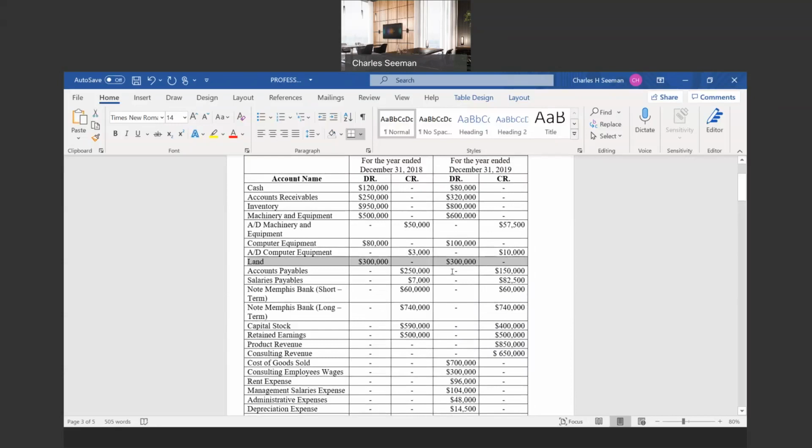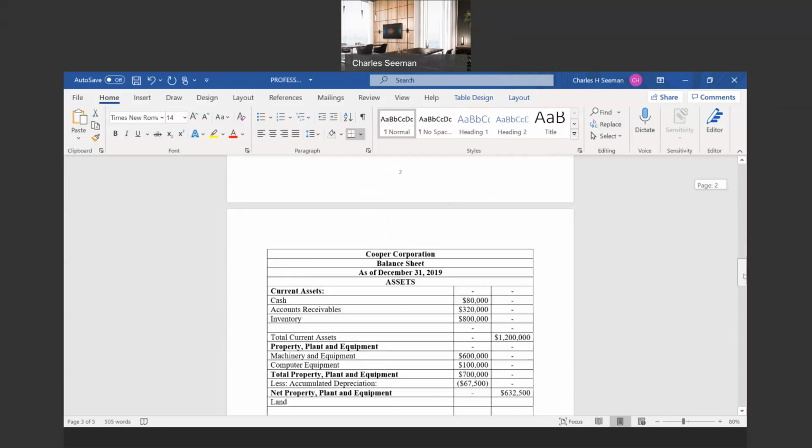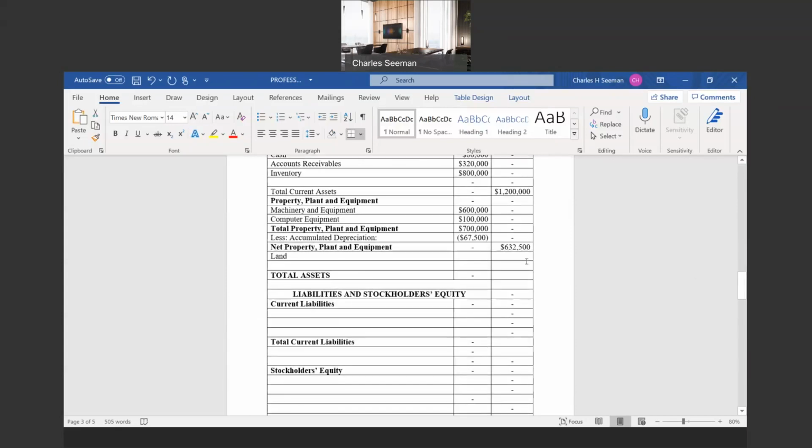Land is valued at $300,000. The value of land does not go down. Now I'm going to add this number up to this number plus this number, and I'm going to get total assets.